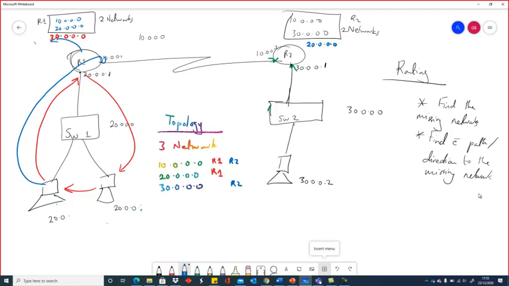Basically, these are the missing ones, so this is missing for R2 and this is missing for R1. Does it make sense? And when we are able to find a way to get to those networks, then it means we have three networks each. Three networks each, right? Okay, so that's the concept of routing.